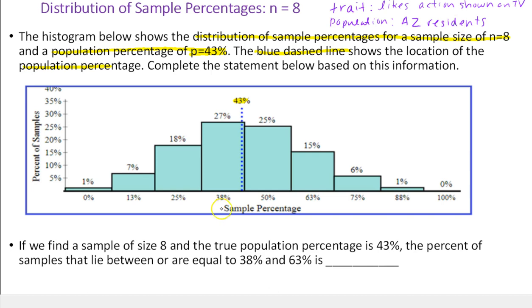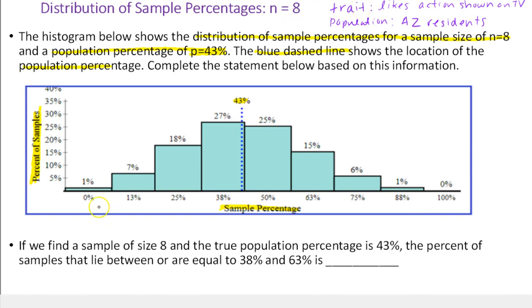Okay, so now let's look at our horizontal and vertical axes. Here we have the sample percentage on the horizontal axis, and on the vertical axis we have percent of samples. Now, this can seem very confusing because they both have the words percent and sample in them in a different order. So let's make sure we know what these represent. Here, the sample percentage is basically the percentage of people from a sample of size 8 that have this trait.